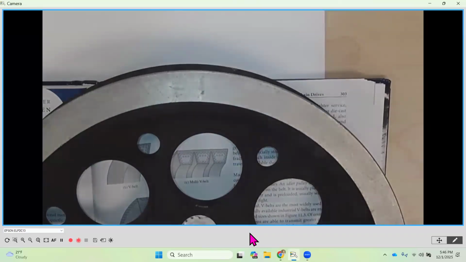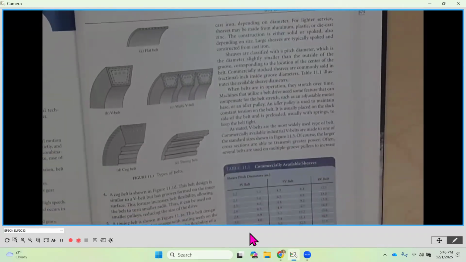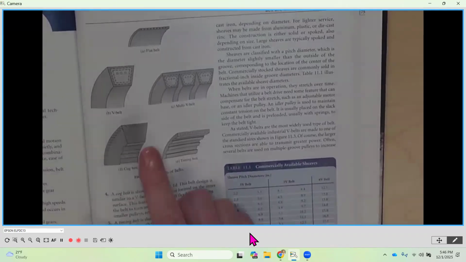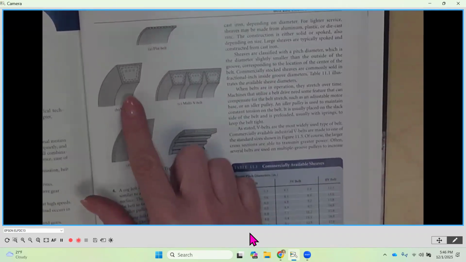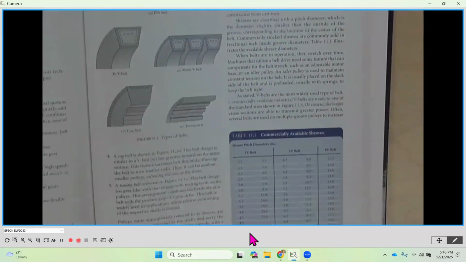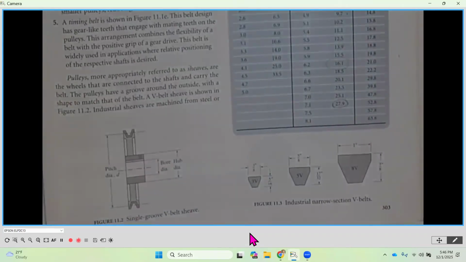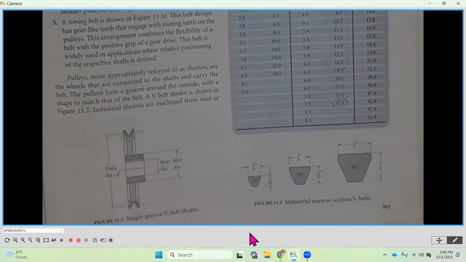Now, a couple things about a timing belt that are different is that because it has those teeth that it's going to fit down into, it's not going to slip as readily and easily when it's overloaded, which is a clear advantage of a V-belt. Meaning, if my V-belt drive gets overloaded, because this is a smooth groove around the entire shiv, that belt is going to slip at some point.